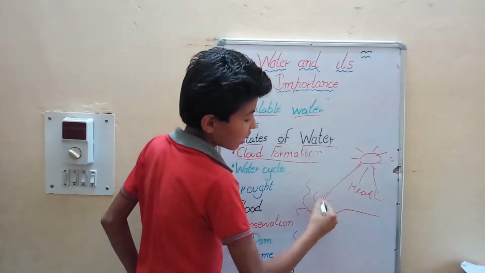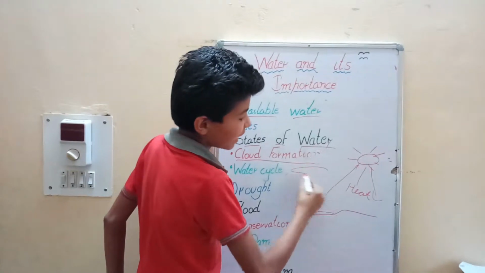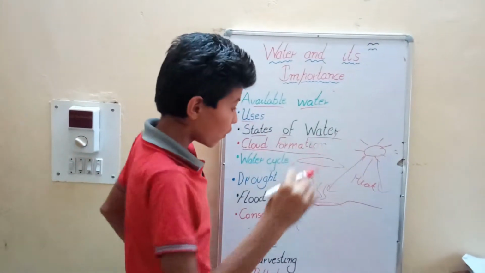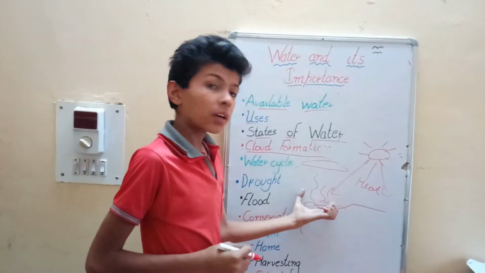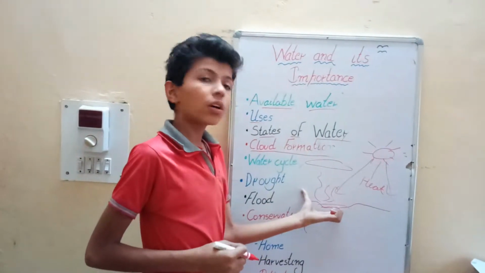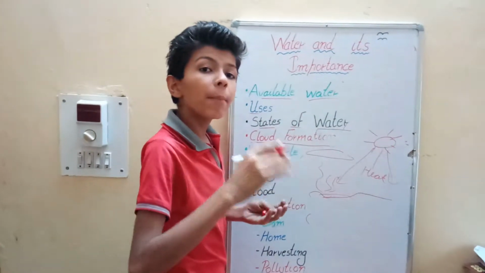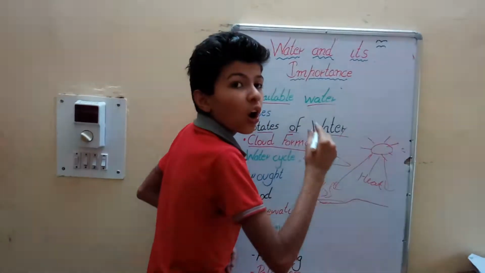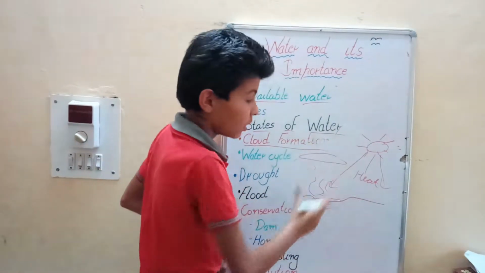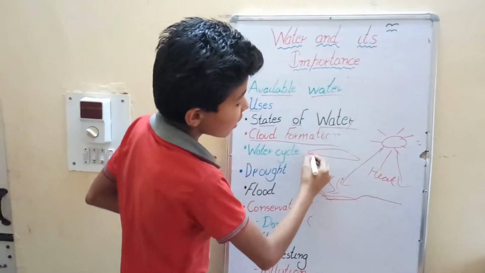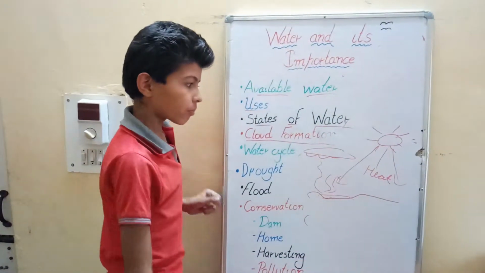So it evaporates, and the outside atmosphere is cool. So when the water vapor comes in contact with the cool atmosphere, it becomes water droplets, or condensation happens. So with this condensation, a cloud is formed.